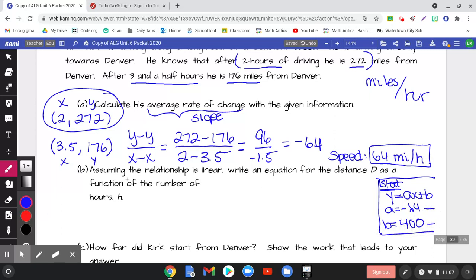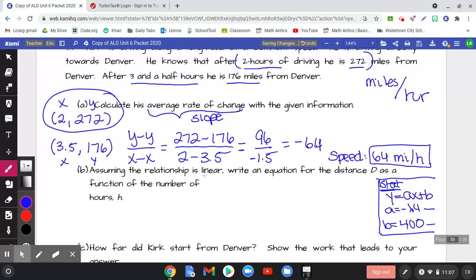Slope, y-intercept. Assuming the relationship is linear, which this is, write an equation for the distance d as a function of the number of hours h. So again, let's think of our y equals mx plus b. Guess what? We have it right here. y equals negative 64x plus 400.